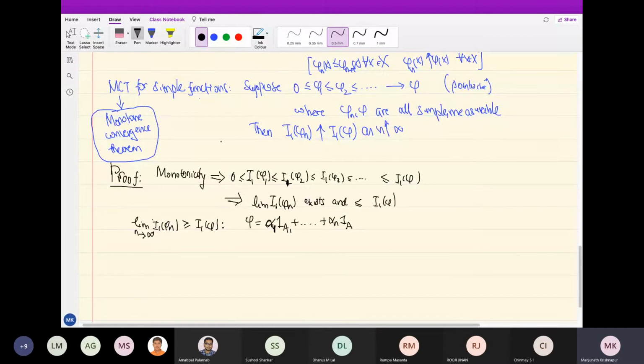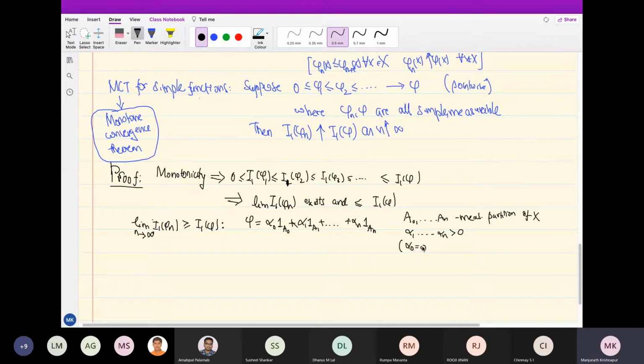Let me do one thing. I just indexed it from 0 onwards, so that A naught up to AN is a measurable partition of X, and alpha 1 up to alpha n I assume are strictly positive.